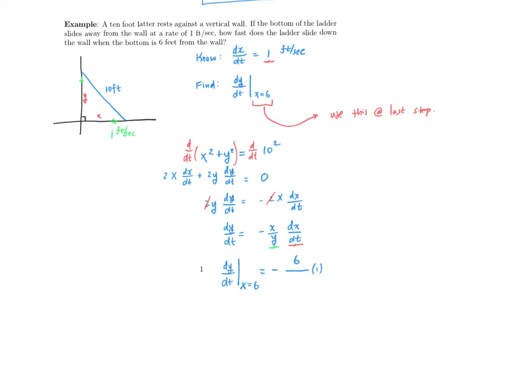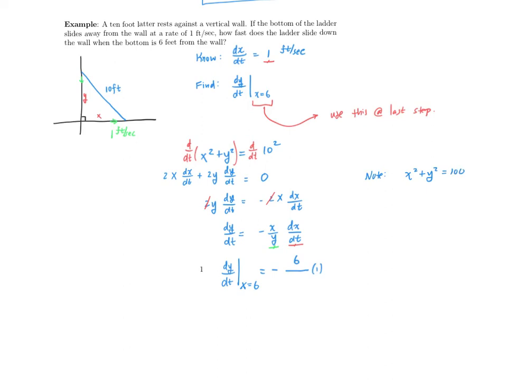We need to go back to our original equation and use the information x equals 6, in this case, to determine y. So this is just a little bit of work that we can do to the side. So note, our original relationship between those variables is x squared plus y squared is 100.